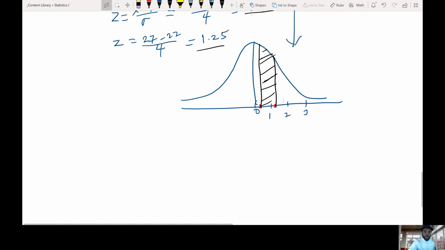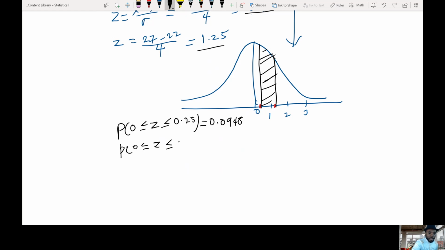So what we found here is that the probability that 0 is less than z is less than 0.25 was about 0.0948. And then the probability that 0 is less than z is less than 1.25 was about 0.3925.